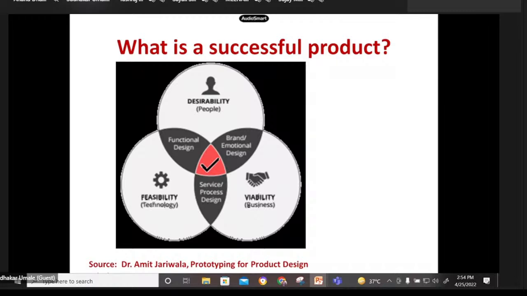When we have people and business, we require the good brand of the product that satisfies the emotions of the customers, and sometimes it is also called emotional design. When we combine together functional design, brand or emotional design, service and process design, then we can say that the product is very successful.